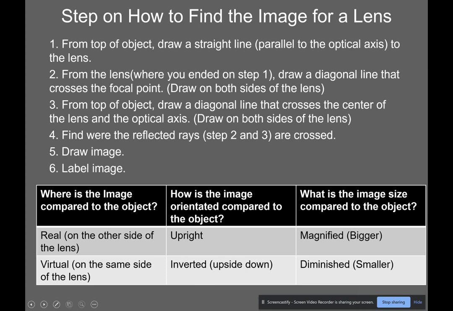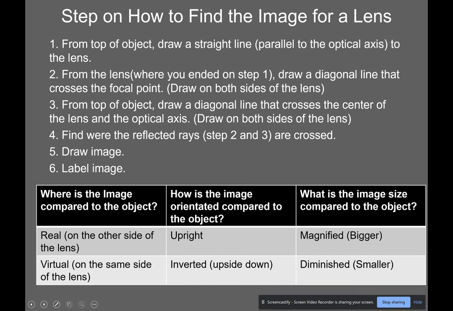Now, instructions again are extremely similar. From the top of the object, you draw a straight line parallel to the optic axis. That's your equilibrium line. Then from the lens where you stopped, you draw a diagonal line through the focal point, just like the mirrors.